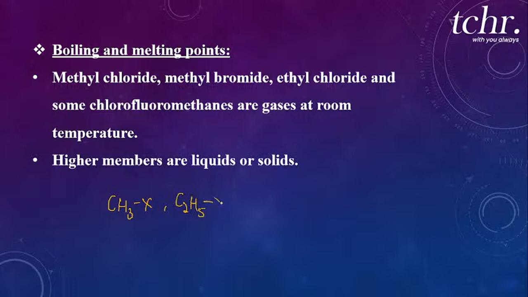That means when the number of carbon atoms is very small, at the beginning of the haloalkanes, the molecules will be in the gaseous state. Whereas as the number of carbon atoms increases, it will be in either the liquid state or the solid state.